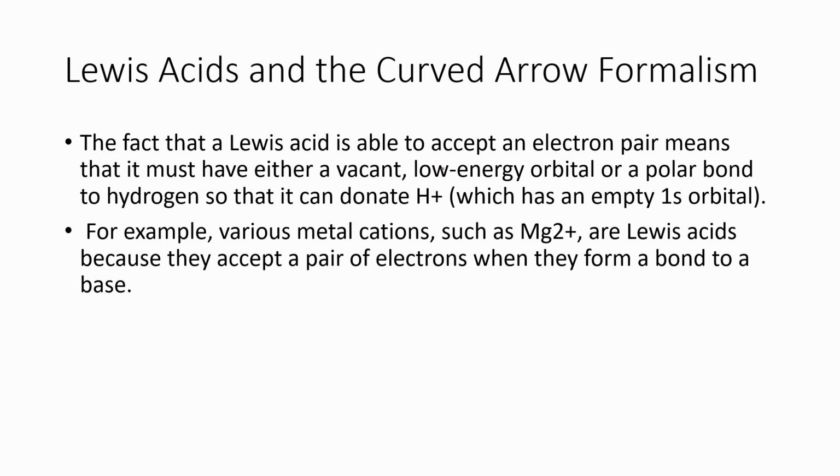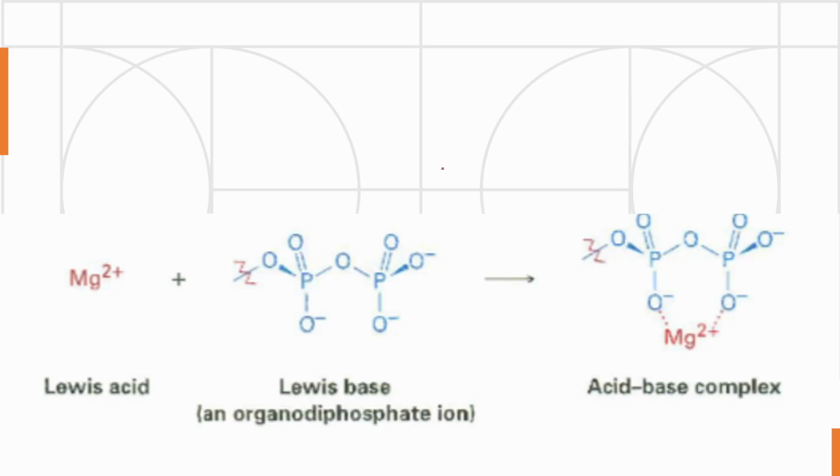So take for example our next slide, a Lewis acid and a Lewis base here. This is an organodiphosphate ion. As you can see, there are electron pairs that are available to be shared with our magnesium.